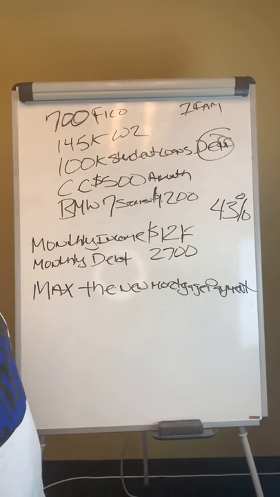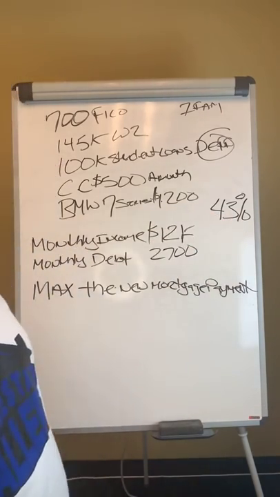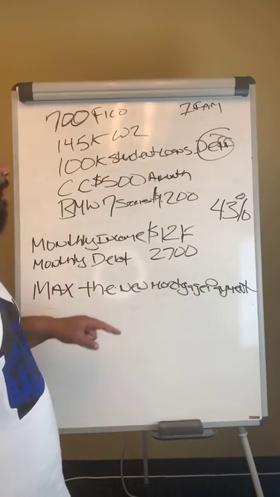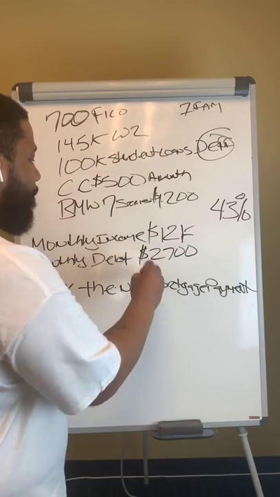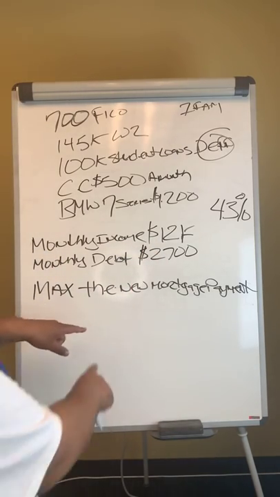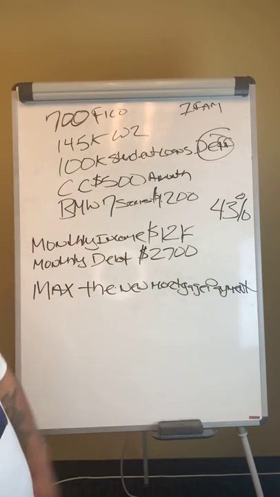Pause. If he wants to keep his DTI at 43%, he has $12,000 a month in gross income, $2,700 a month in debt. What is the maximum his mortgage payment could be at a 43% DTI including his monthly debt?